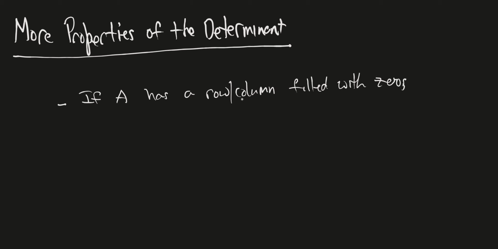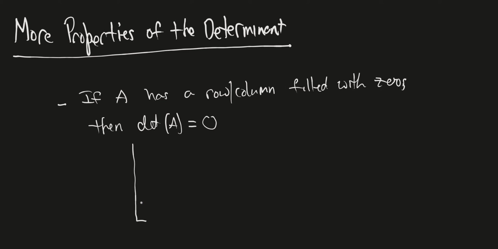So if you have an entire row or column filled with zeros, then the determinant of that matrix has to be equal to 0, right? So just to give you an idea of why that is.